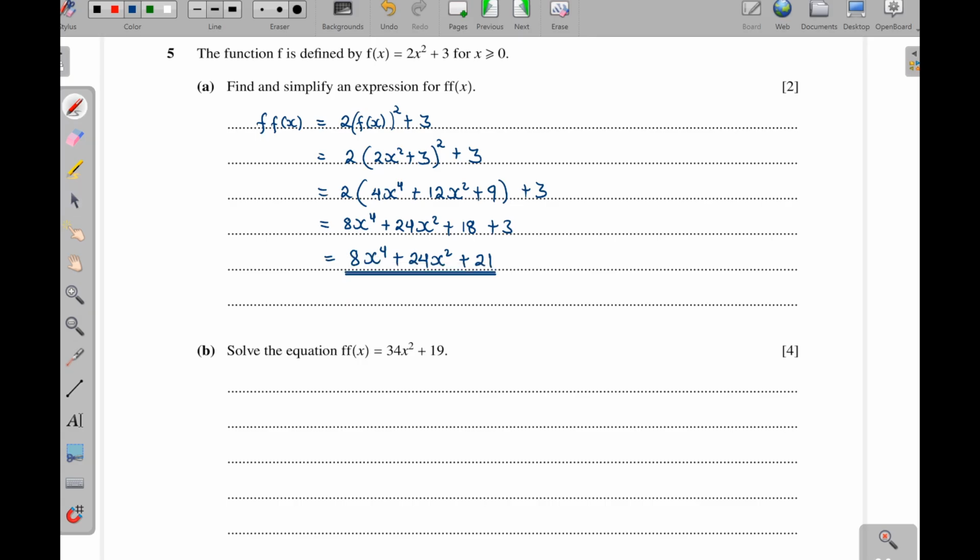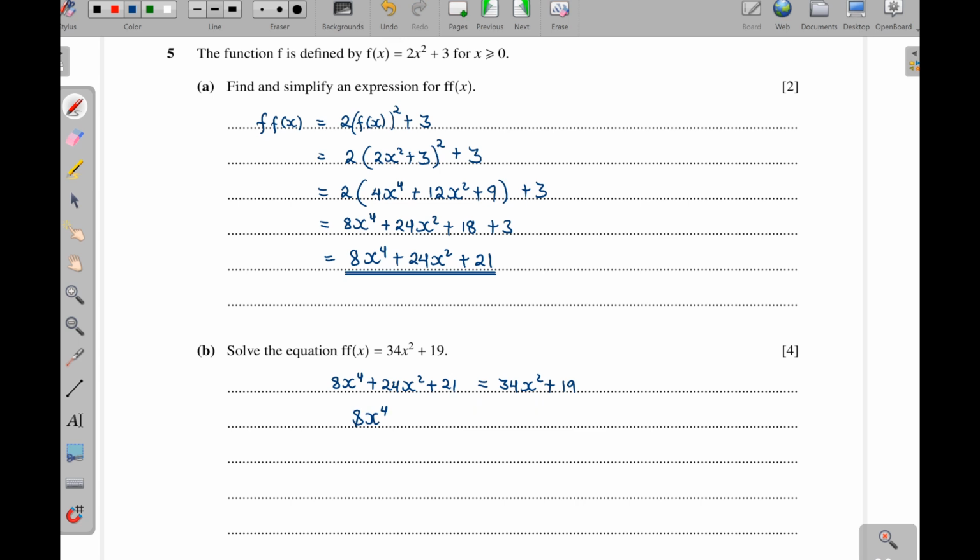Then part B, they are saying solve this equation here. Right from here, I'm going to get this one here, which is 8 x power 4, then plus 24 x squared plus 21, then I will equate to 34 x squared plus 19. Then bring everything this side, and then you get a quadratic in x squared.